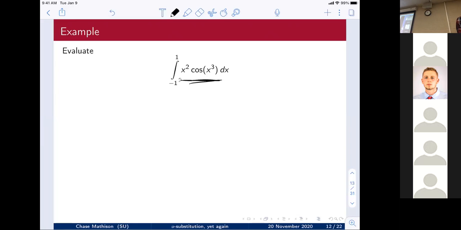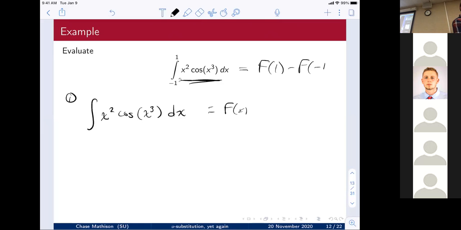So step 1, I'm going to forget about the bounds for a second and find the indefinite integral of x squared cosine of x cubed dx. Then whatever I get, if this is capital F of x, I can say this is capital F of 1 minus capital F of -1.